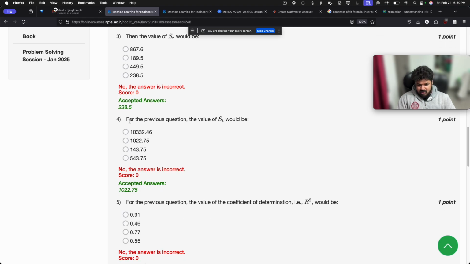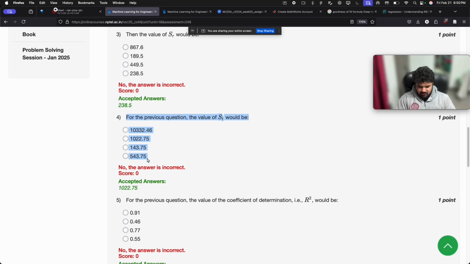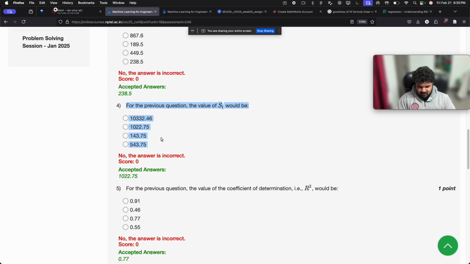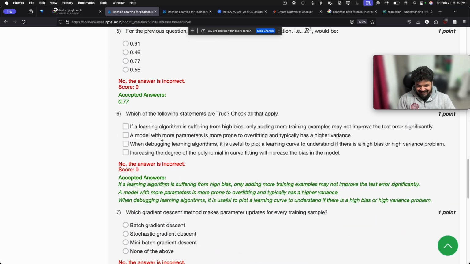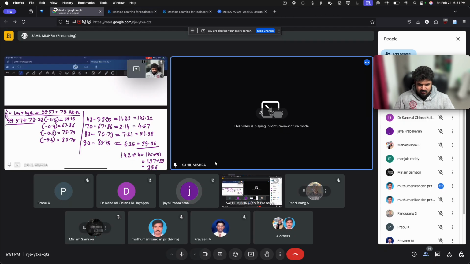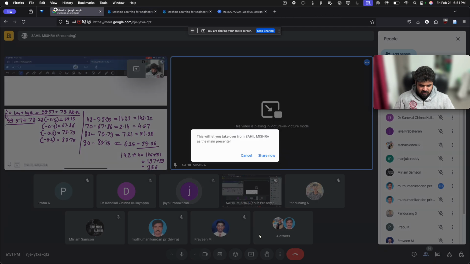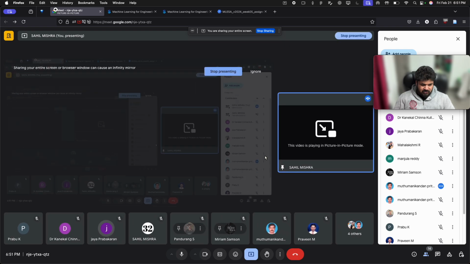Okay, no problem. Do you want me to solve this question as well? Fourth is obviously correct. This one, question number 6. Do you want to solve it? Let me share my screen.